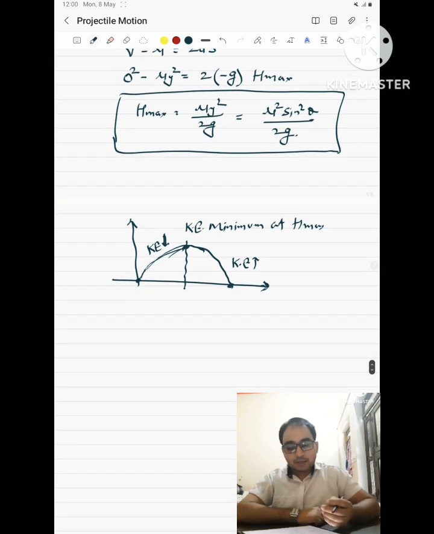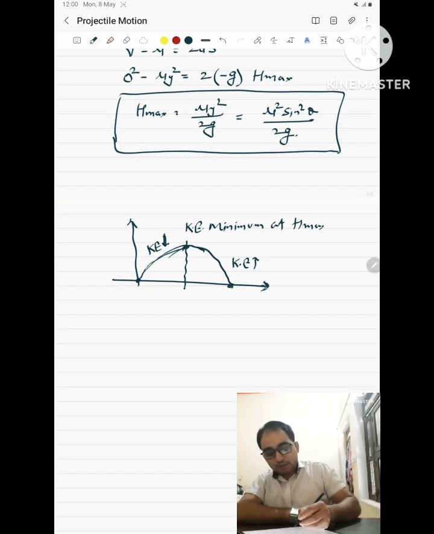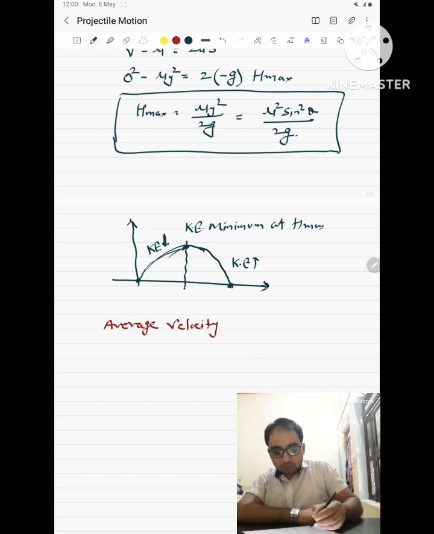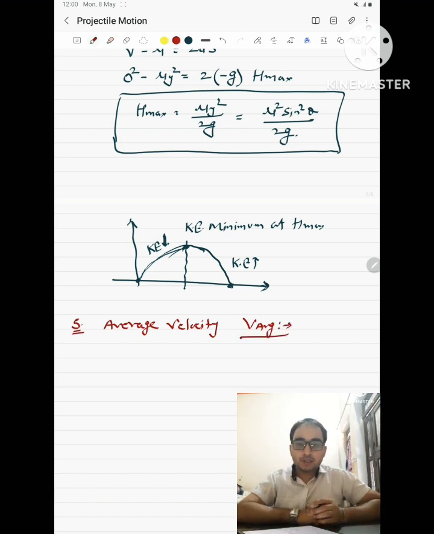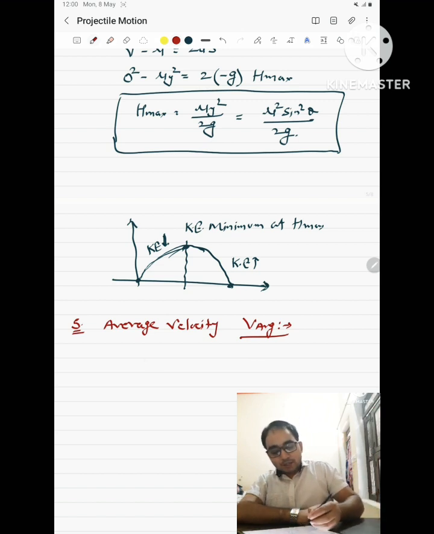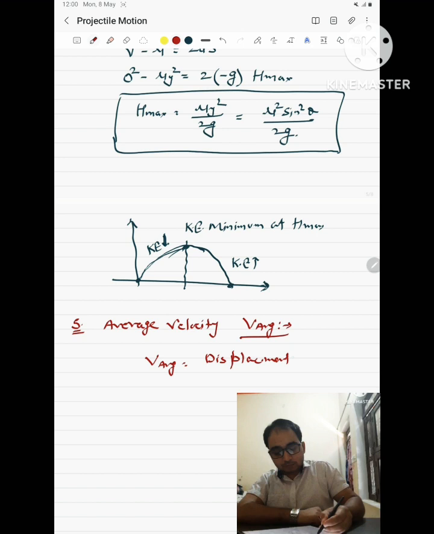Now we can also calculate the average velocity during the projectile motion. So what will be the average velocity during this projectile motion? The average velocity is displacement upon total time.